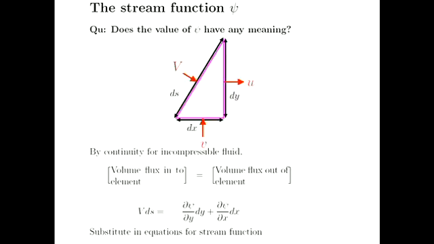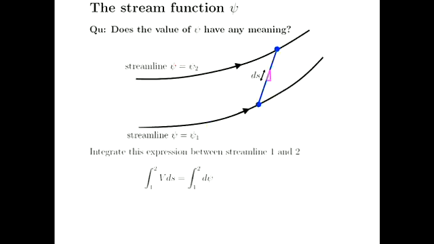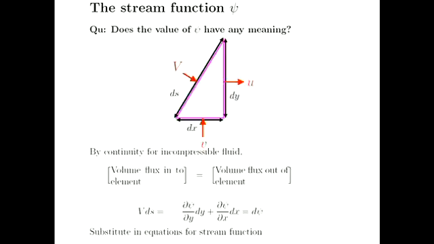It's the change in the stream function d psi, and it would be 0 along a streamline, because the value of the stream function doesn't change along a streamline. But in this case, we're moving between two streamlines, so we have v ds is equal to d psi over that small element.